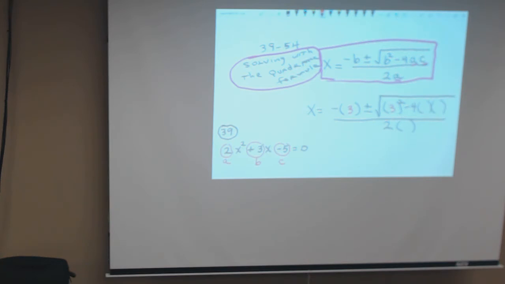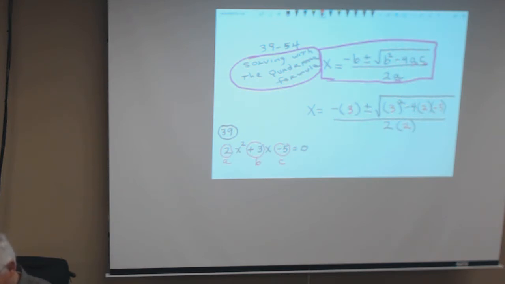-4 times A. So what goes here after the -4? 2, 3, or -5? 2. C. So what goes here? 2, 3, or -5? -5. All divided by 2 times A. So what goes here? 2, 3, or -5? 2. Do you understand? You don't just take the numbers 2, 3, and -5 and stick them in order in the empty spaces.